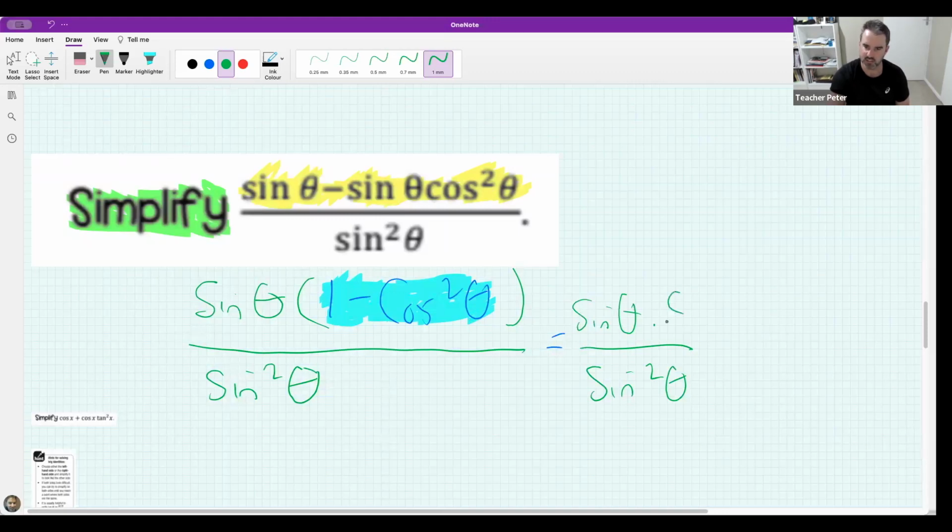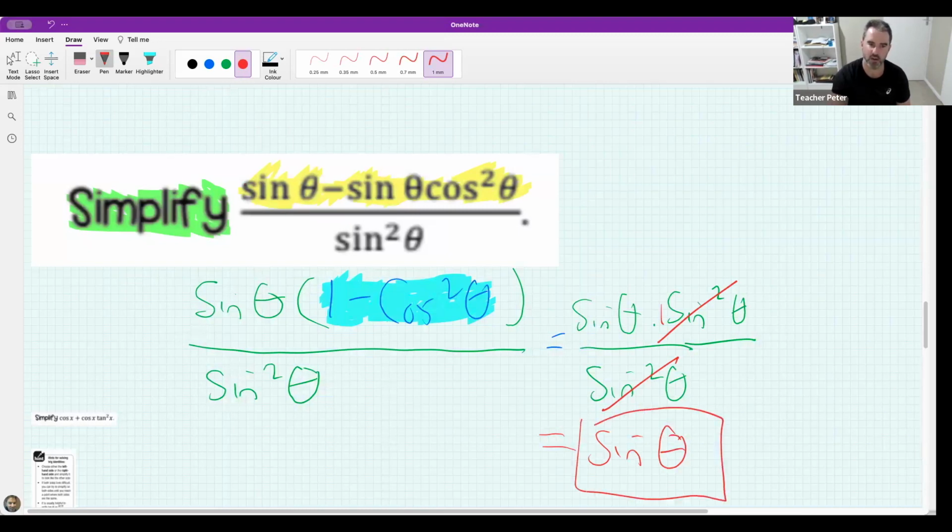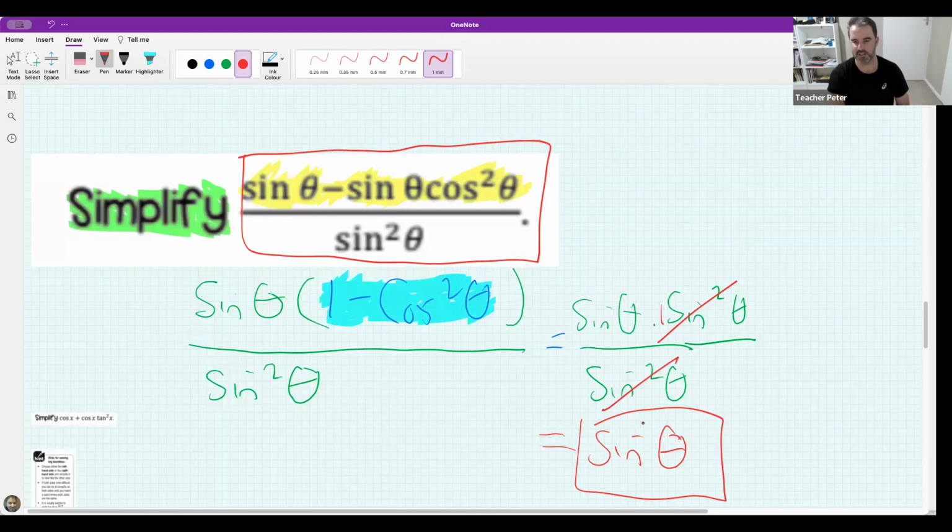Well, exactly, this is going to be this. But, oh my goodness, this is working out so nicely because now this over itself is 1, and 1 does nothing. And so the final answer must be just the sine of theta. So that whole thing over here is equivalent to just the sine of theta.